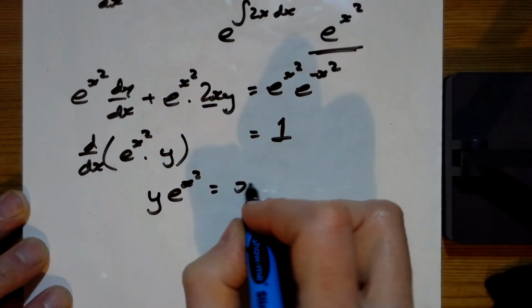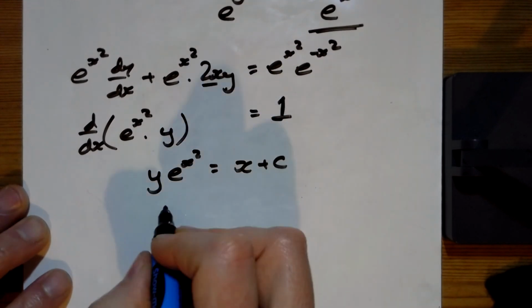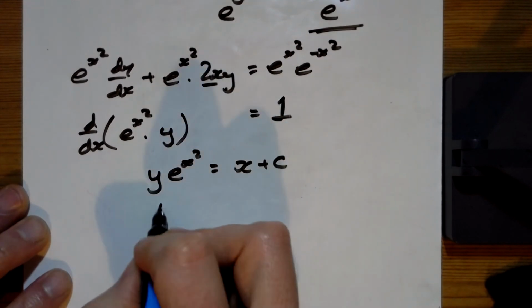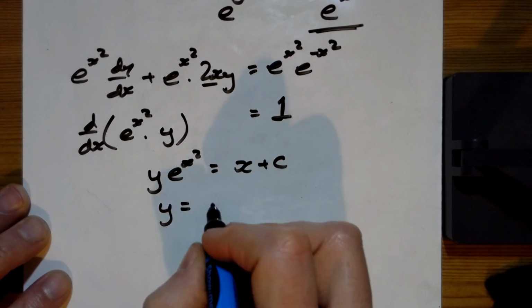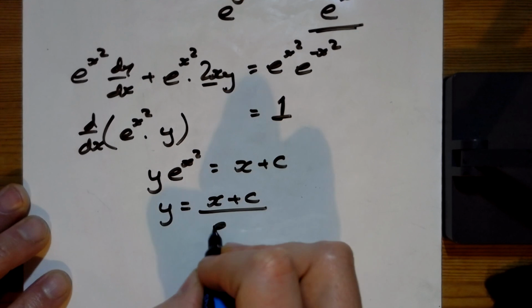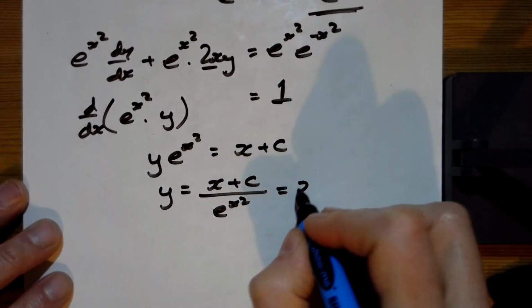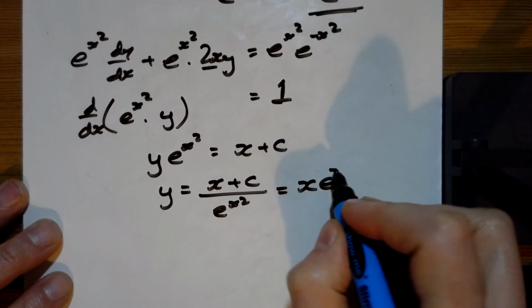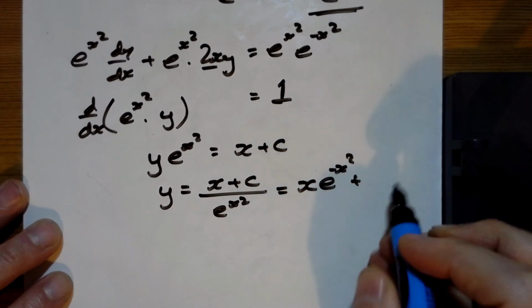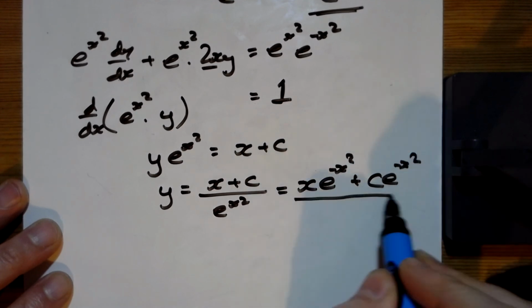Here the x goes to x plus c, and I suppose we can just tidy that all up if we really wanted to. So we get y equals x plus c all over e to the x squared, or write it all on one line, x e to the minus x squared plus c e to the minus x squared.